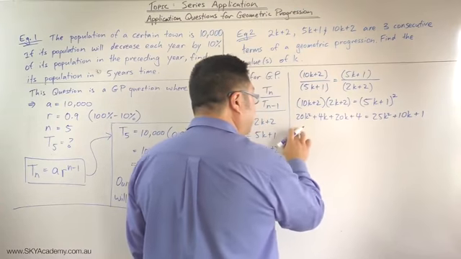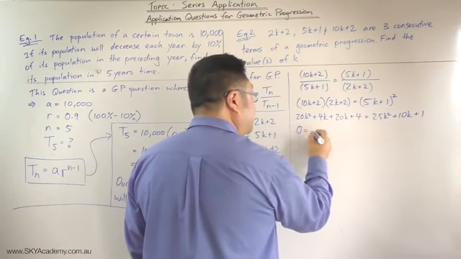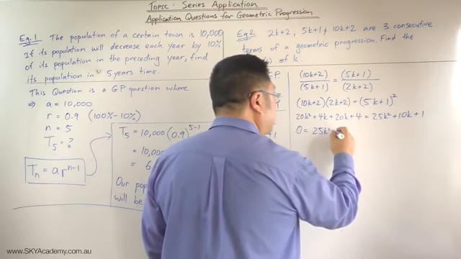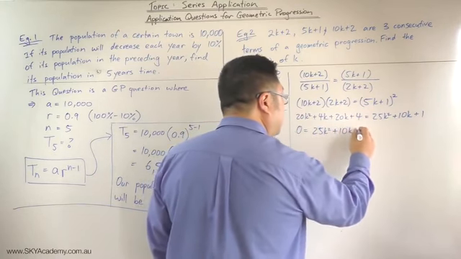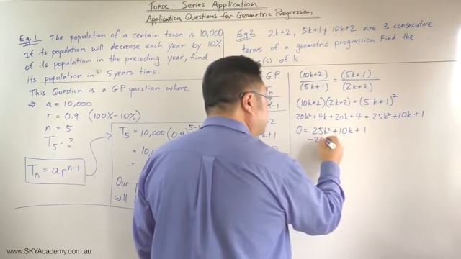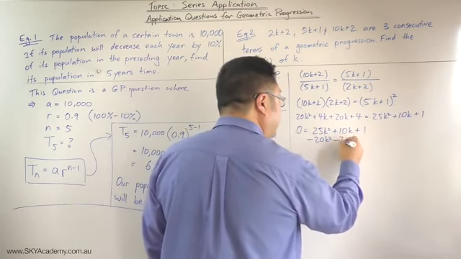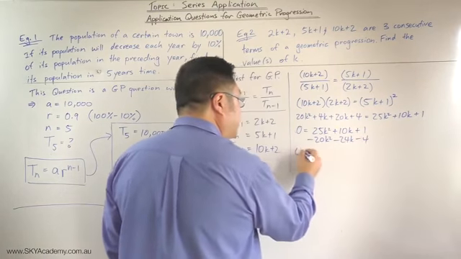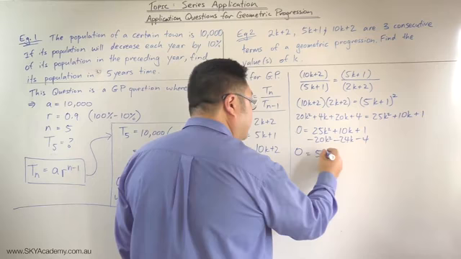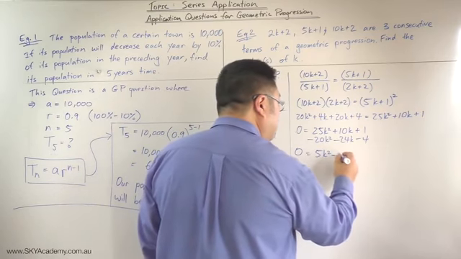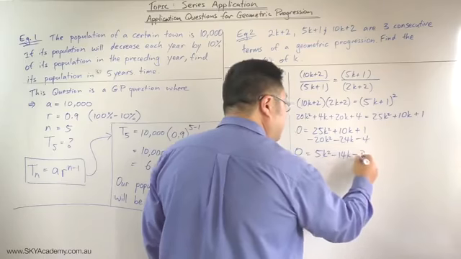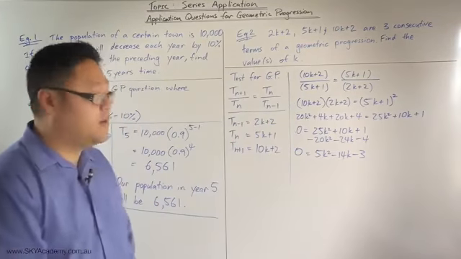So what we're left with is 0 is equal to 25k squared plus 10k plus 1 minus 20k squared minus 24k minus 4, which is equal to 5k squared minus 14k minus 3. I think that's what it is.